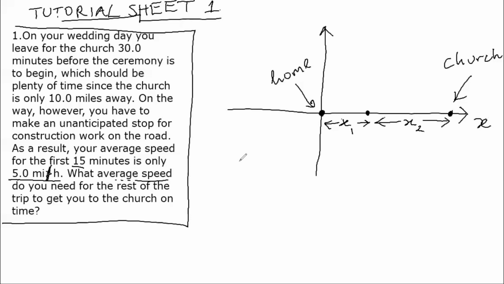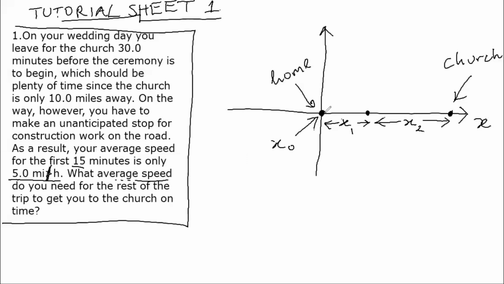This point where you're starting from is your initial point, which we call the initial position, x0. The other thing we have to do on the diagram is to mark the time.